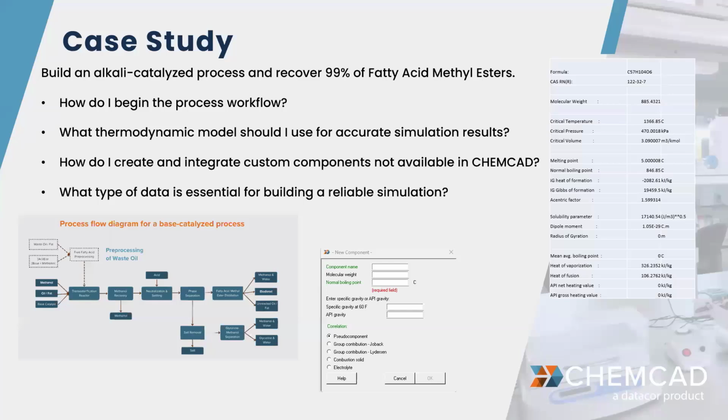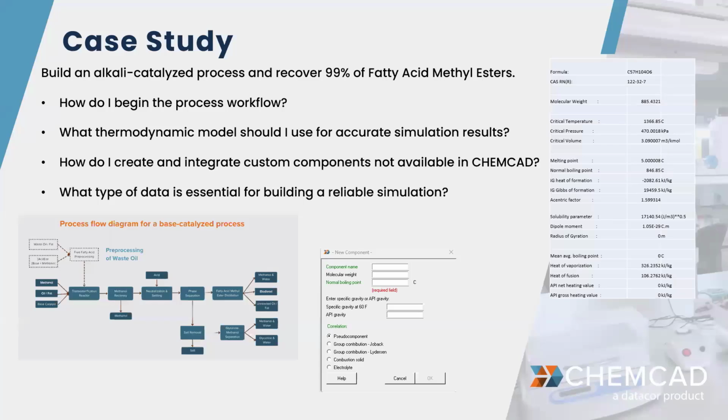What type of data is essential to build a reliable simulation? It depends on the unit operations that you will be choosing in your process. For example, if you are separating or you have distillation columns, you need to have good vapor pressure and heat of vaporization data.